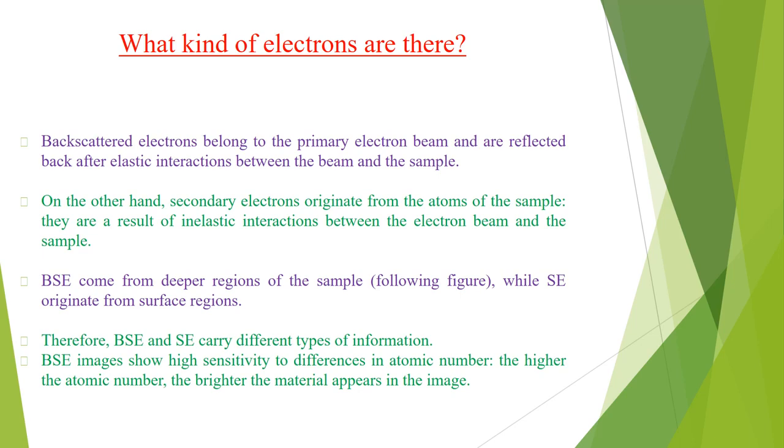Therefore, they carry different types of information. Backscattered electron images show high sensitivity to differences in atomic number. The higher the atomic number, the brighter the material appears in the image.